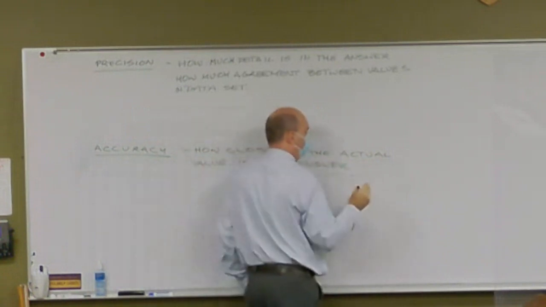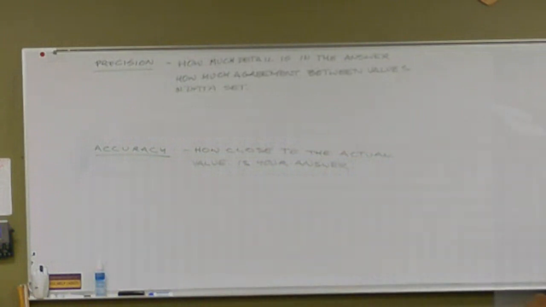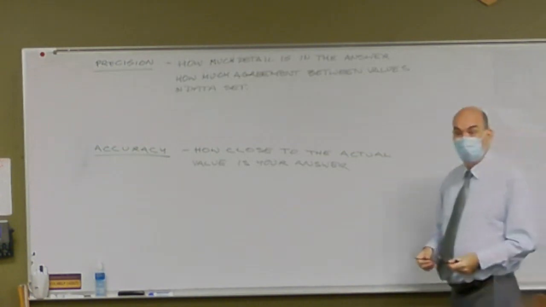So if we ask the question again, and I ask, what time is it? And your answer is, it's 9:05. That's a reasonable answer. But if you told me that it was 9:04 and 37 seconds, that would be a more precise answer.